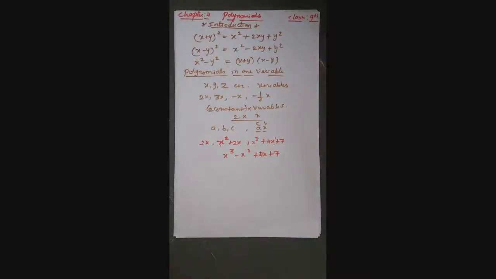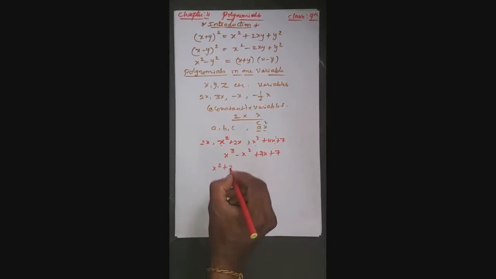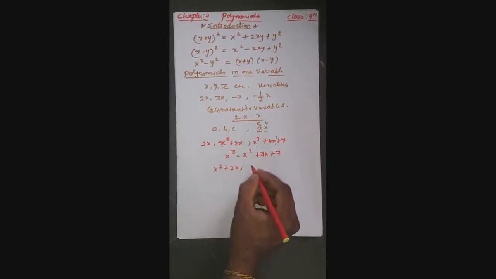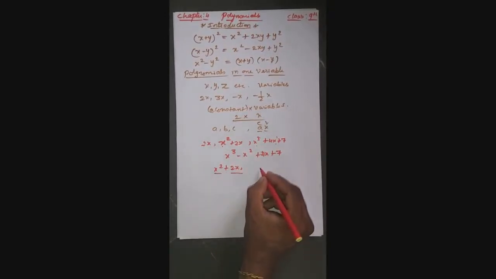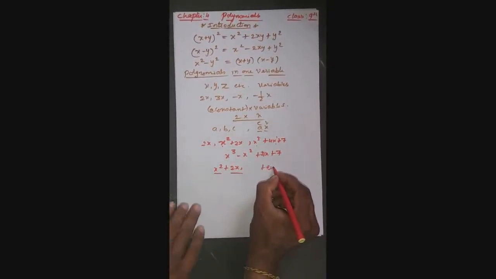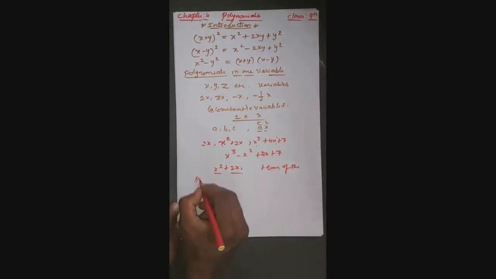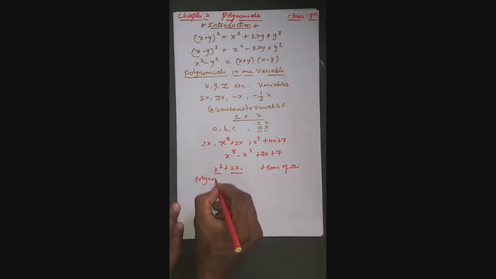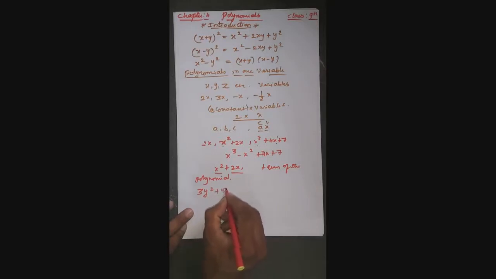See, in the polynomial x square plus 2x, the expressions x square and 2x are called the terms of the polynomial. Similarly, the polynomial 3y square plus 5y plus 7.